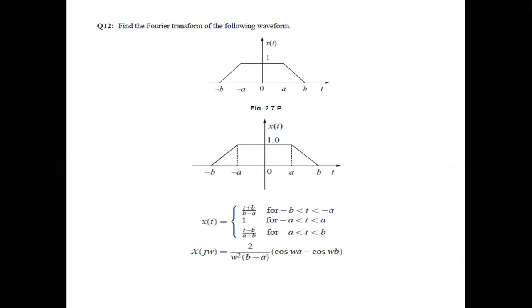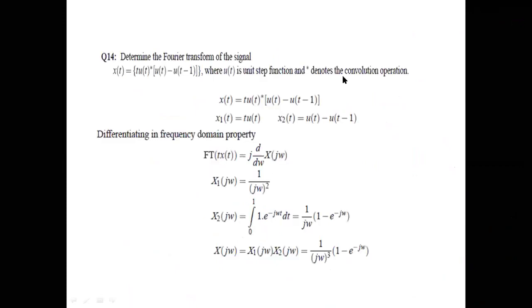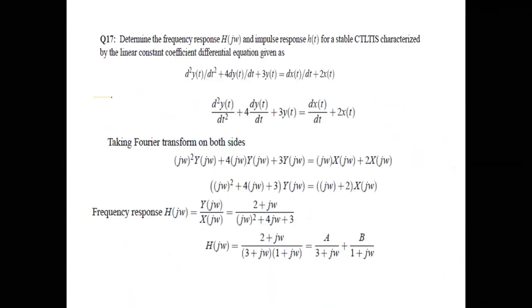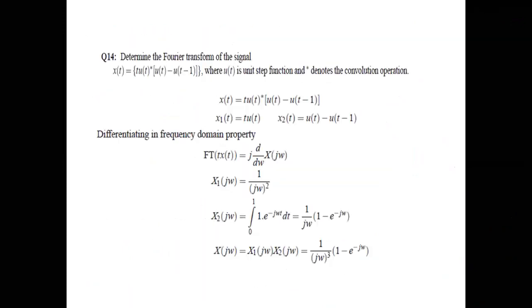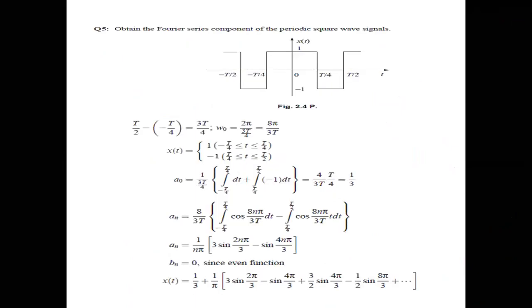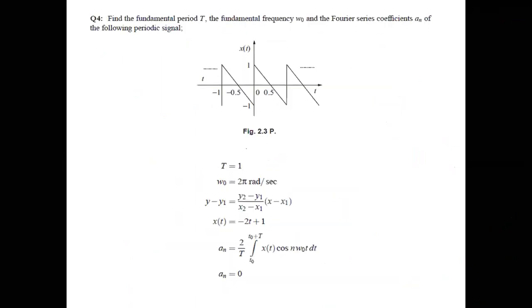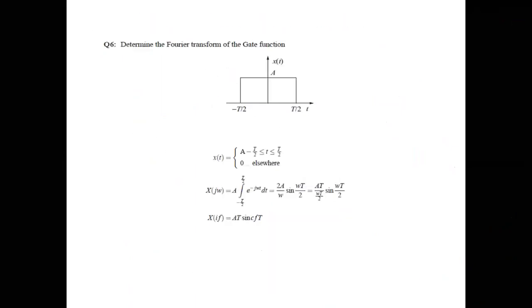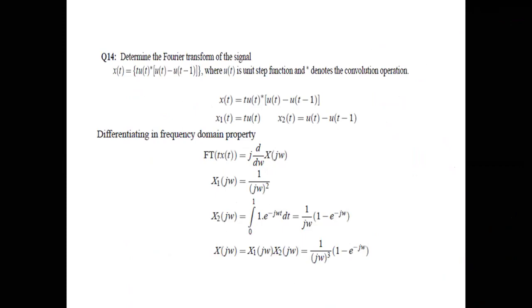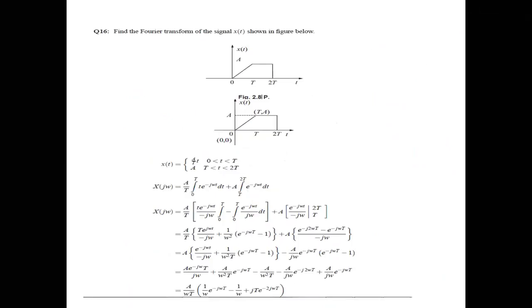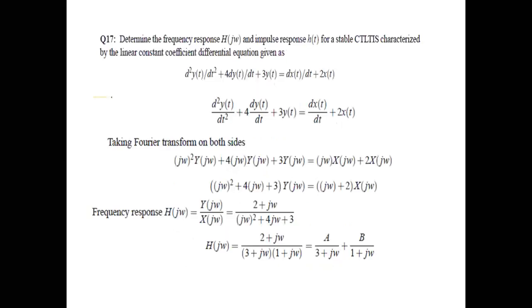Some more examples are remaining on the Fourier transformation; in the next class, tomorrow's class, we can see this. We completed the Fourier transformation of the gated function, and of the step functions, and of the given graphical representation here.